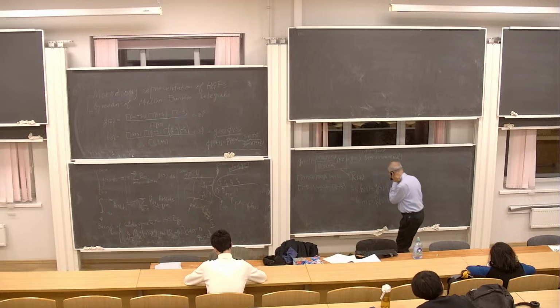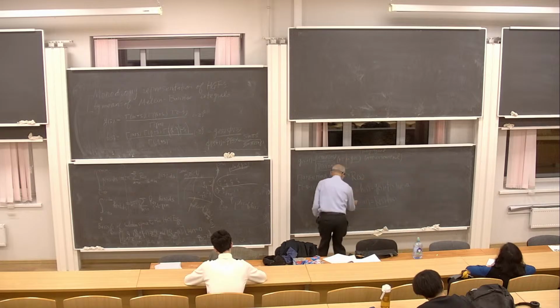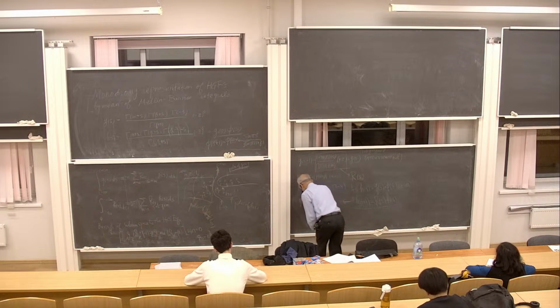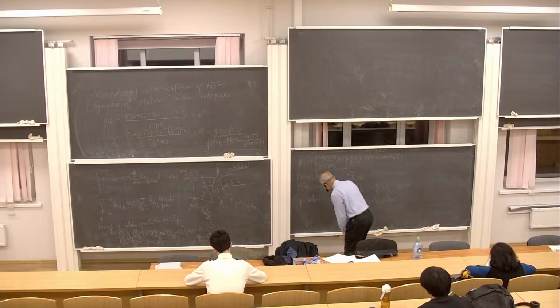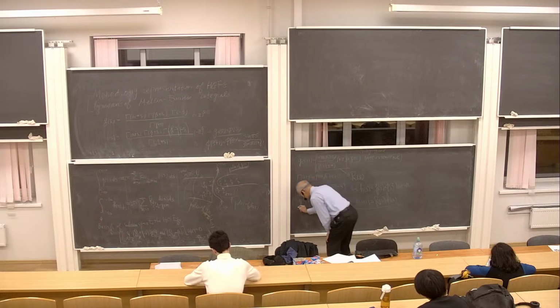That's all. It's evident. So G(s) and H(s), both of them are solutions to the difference equation.